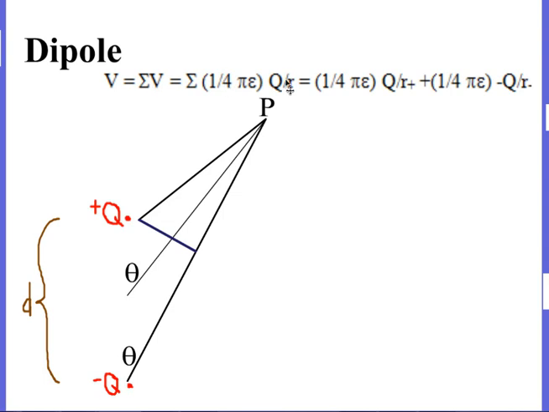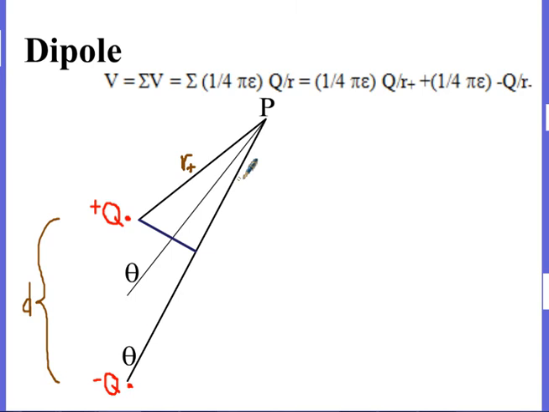So here you go, and what you have is this charge, Q, at a distance r plus, and let me put that on here. We'll put it on in brown. This is r sub plus, the distance from the positive charge.